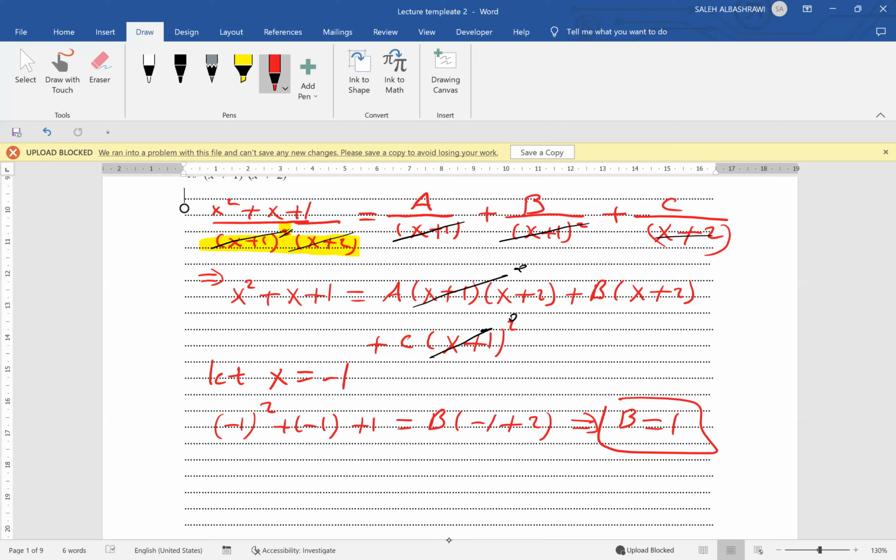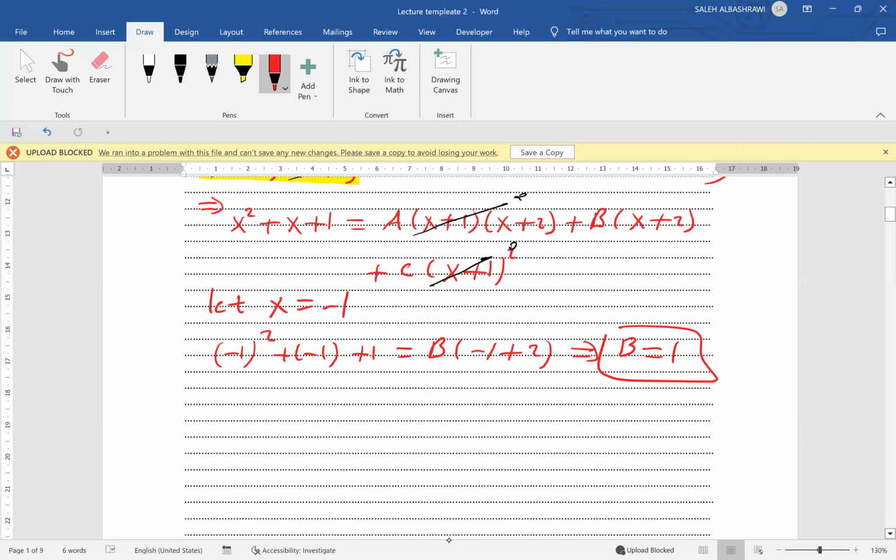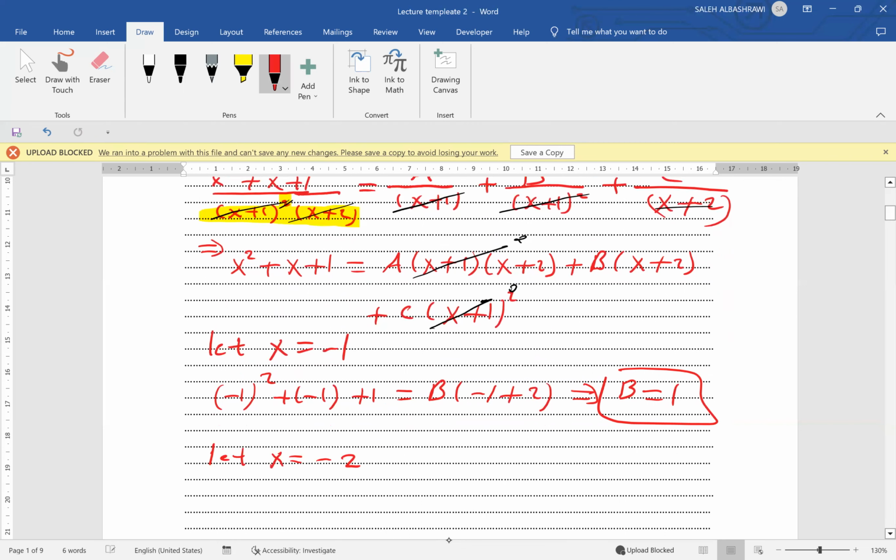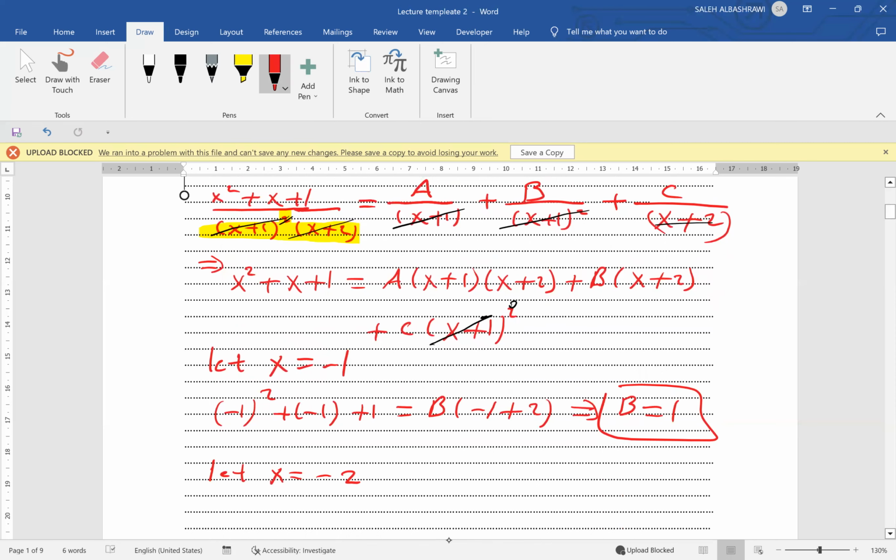Now, let me choose x equal to minus 2 for this case. If x equals minus 2, this will be 0, and this will be 0.